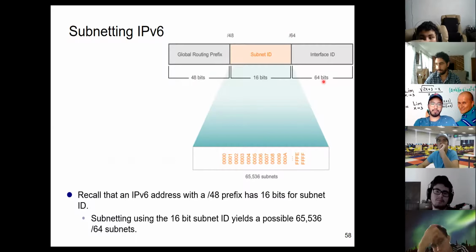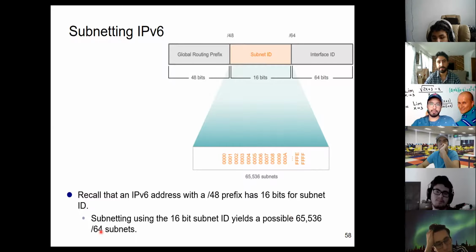So you can see we have a big range here. We can do a lot of things, even just considering this subnet ID here, 16 bits. We can have 65,000 plus subnets here. That's a lot of subnets, and it's more than enough.